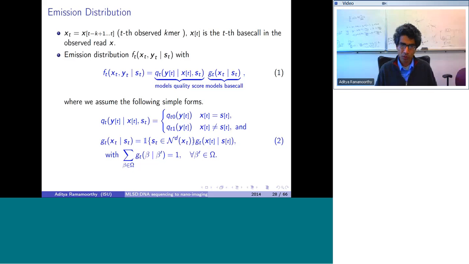It allows us to constrain the overall search space that we are looking at. This is roughly saying that a true k-mer can emit a certain base only if it lies in the D-neighborhood of the observed k-mer. I'll come to that with an example later. So these are all the parameters that we are going to be estimating when we look at the data for the hidden Markov model.